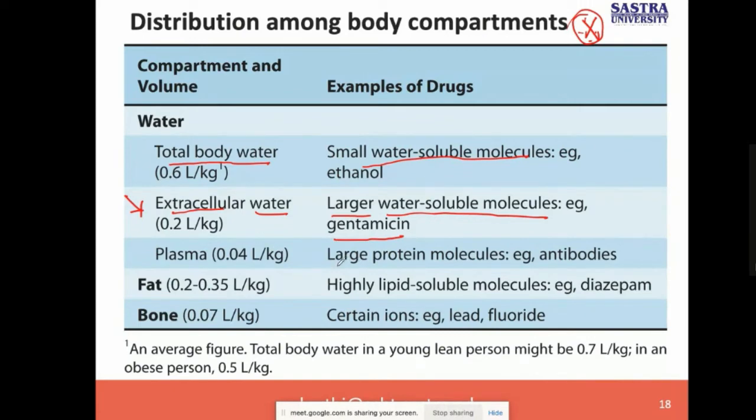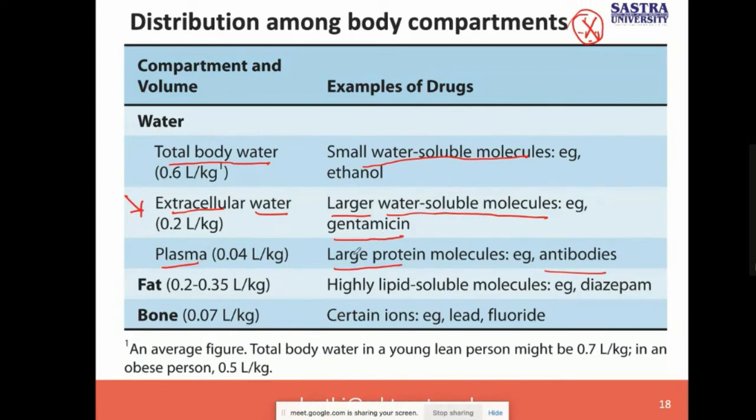If you have a larger protein molecule like antibodies, most antibodies are large in size and protein in nature, right? We can find those drug molecules in the plasma compartment of the body, which means they cannot enter the interstitial or intracellular part because of their larger size.